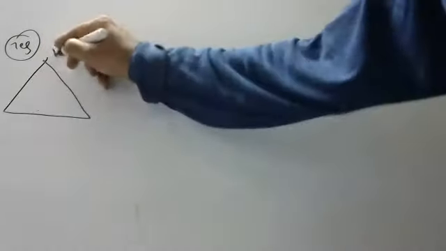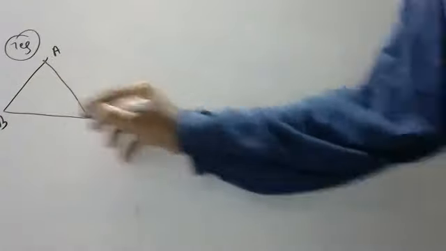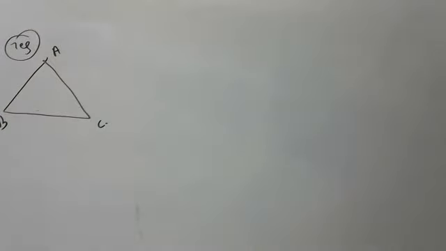7th example. What is it saying, children? ABC is a triangle, and D, E, F are midpoints.